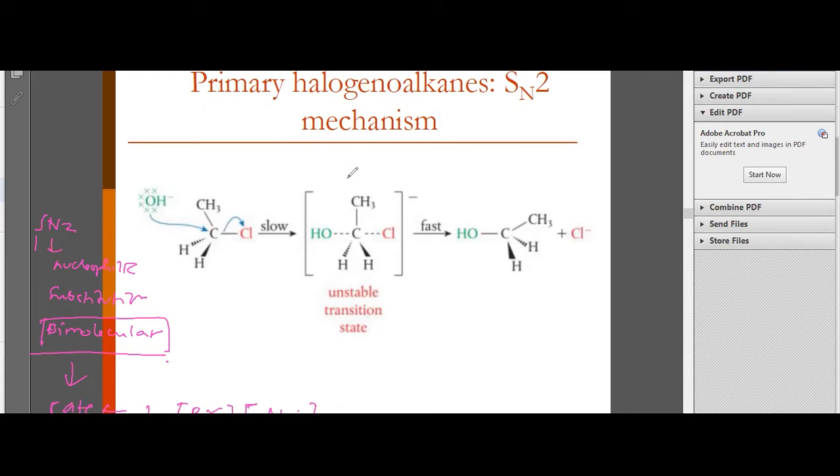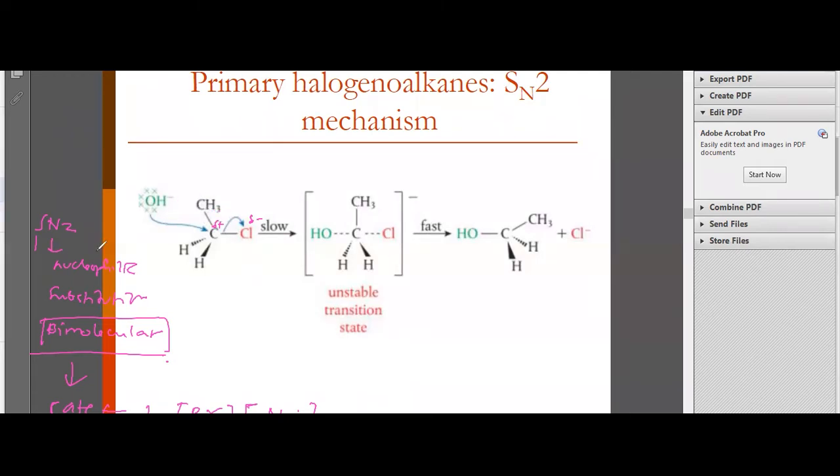In this mechanism, the OH minus will attack the positive carbon. Once again, you should understand which carbon has the positive partial charge. Not this carbon, since this carbon is not connected to a halogen. So please be careful.